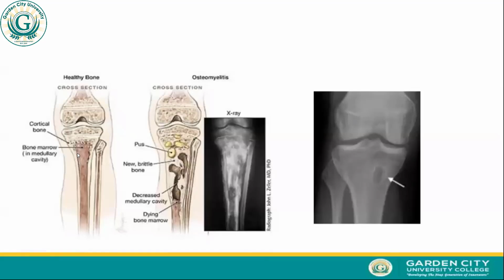It will push on the blood vessels, and so blood circulation through that area will be narrowed off. Abscess formation, pus formation still, and then there will be ischemia, necrosis, and bone death. You can see on the second picture that there has been pus formation that has caused brittling of the bones. There is a decreased medullary cavity because there is pus, there has been an abscess.